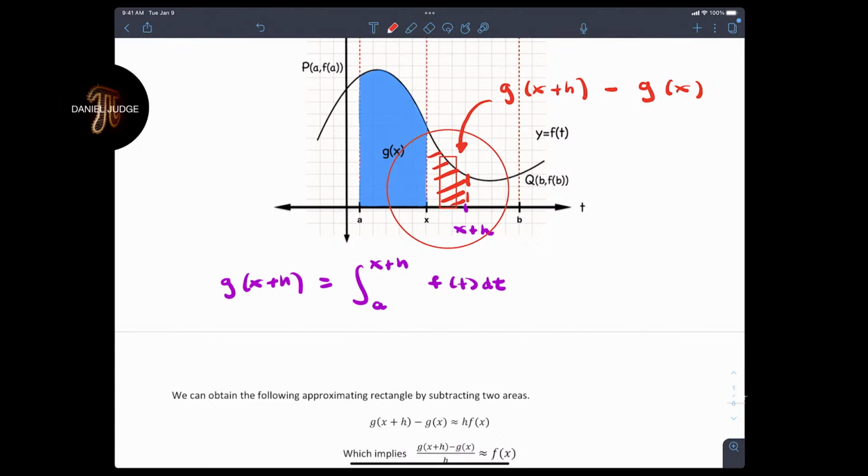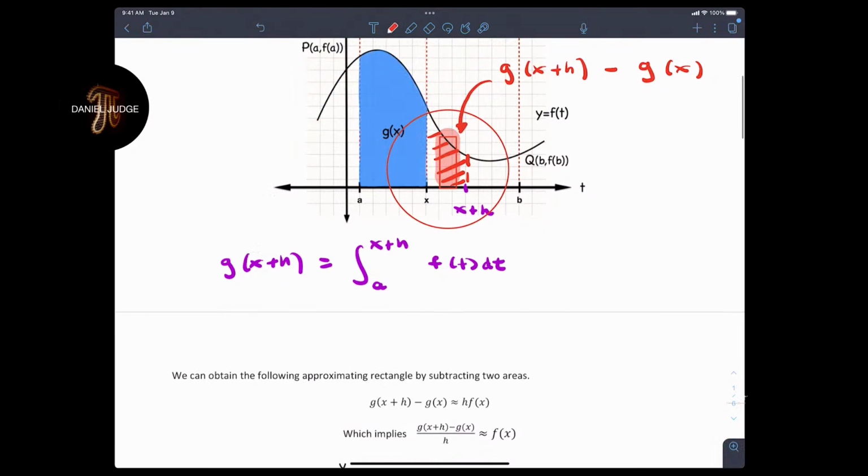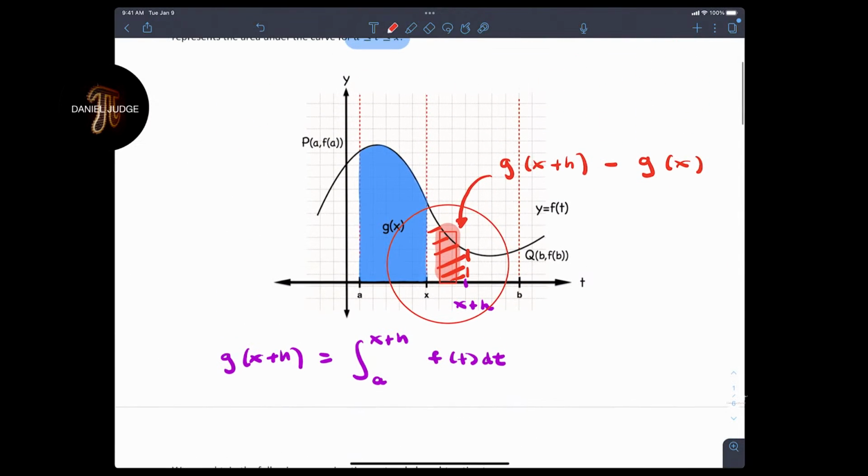If we recall, the approximating rectangle has dimensions, the height of which depends on the endpoint that you use. If we use the left endpoint, the height of that approximating rectangle is f of x. And this distance h is the width. So that area is approximately the length of the approximating rectangle times the width, or f of x times h.